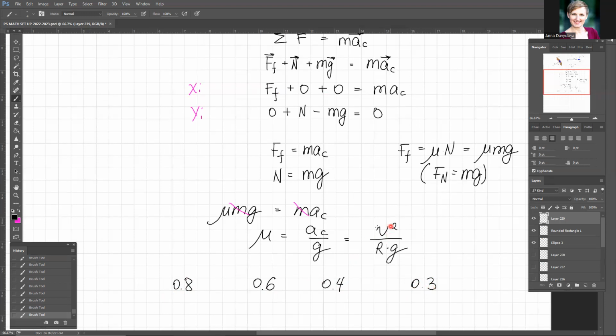So you could see that speed actually plays a big deal. It's squared, so high speed will turn this number to be big, and it's not good because on snow, we want this number to be small. So drive slowly, and we'll see you in the next question.